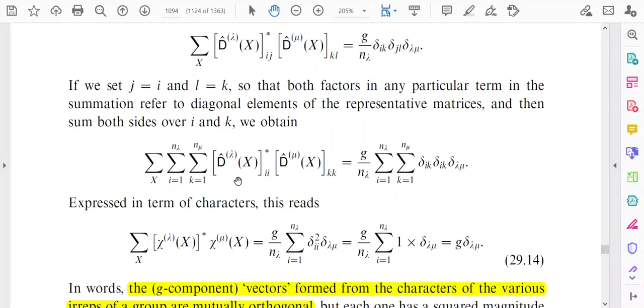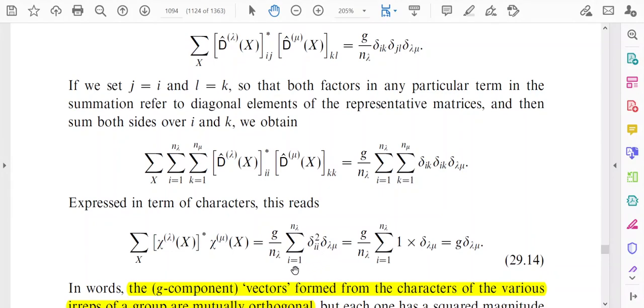The right hand side is g by n lambda, but this is the multiplication of delta ik and delta ik, that is delta i squared.